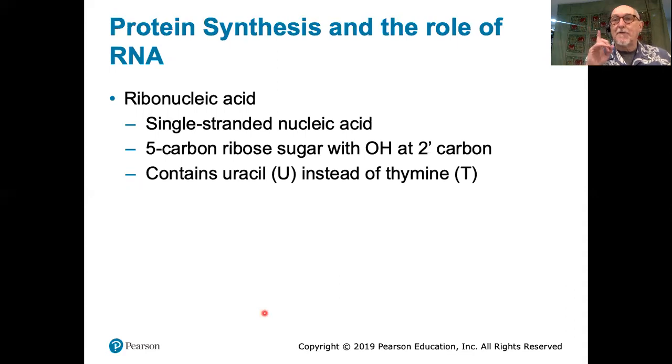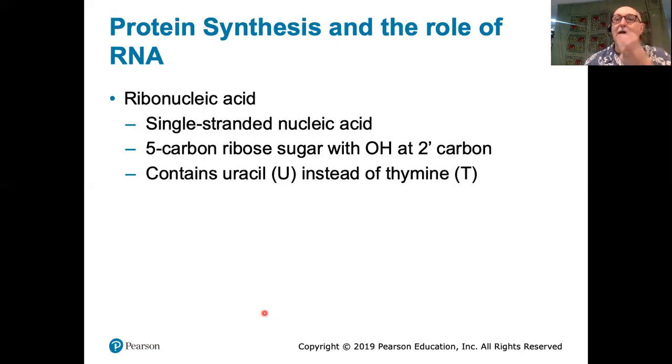So the first thing we need to understand before we start discussing the actual processes is to discuss just a little bit about this other molecule called RNA. We need to understand that the cellular mechanisms do not speak DNA.